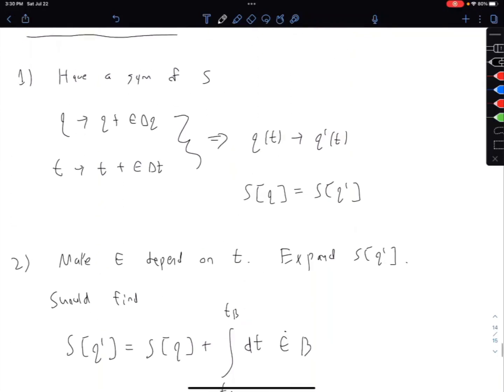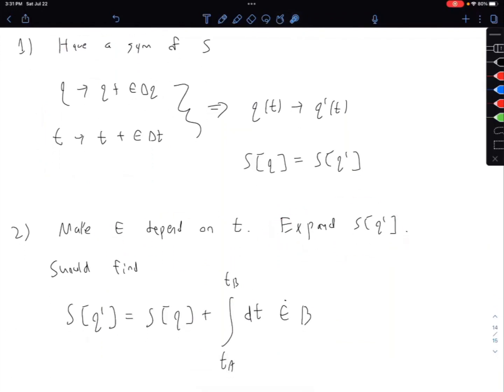You just identify your symmetry, you make epsilon depend on time, and you expand. By the way, when you do this, you don't need to assume anything about epsilon vanishing at the bounds. We saw that this form was obtained for any epsilon function.